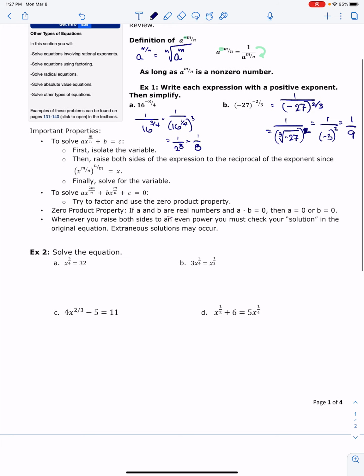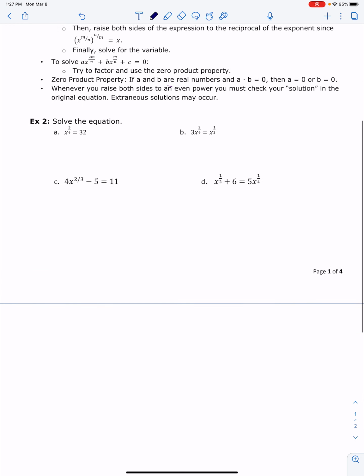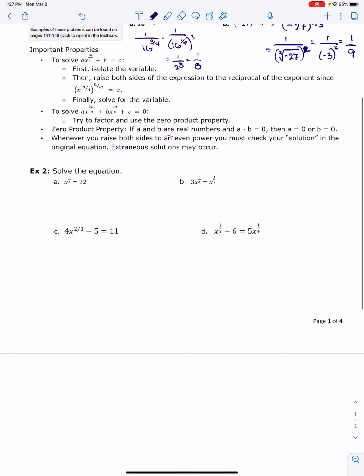Okay. Here are some ways to solve. You can read through those. I'm definitely not going to read through them for you, but I will walk through example 2. So A, we've got x to the 5/4 equals 32. Keep in mind we want to solve for x to the first.